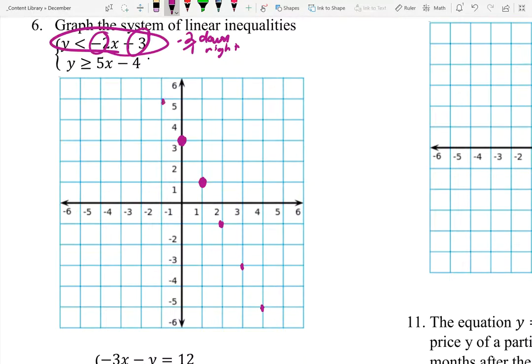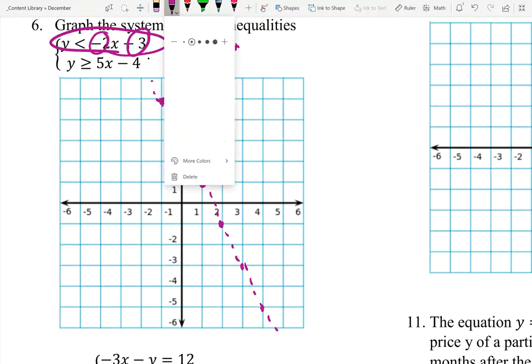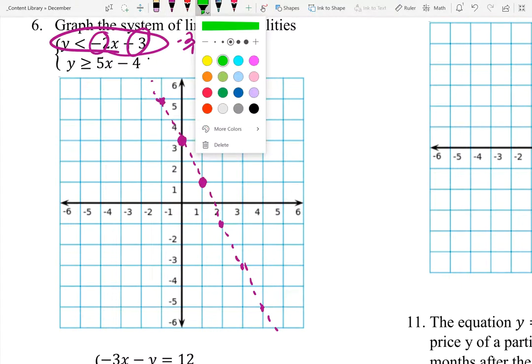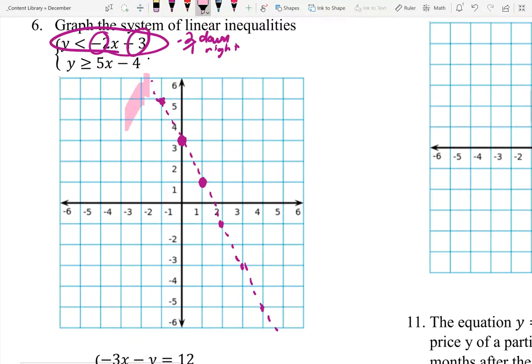Remember, you don't have to make the graphs tomorrow on your exam. You're just going to have to identify the correct slope, y-intercept, obviously make the right choice. Now, this line will be a dotted line or a dashed line. And you'll see that it should be shading below. It's y less than, so you're going to be shading below. So that would be something like this side of it.